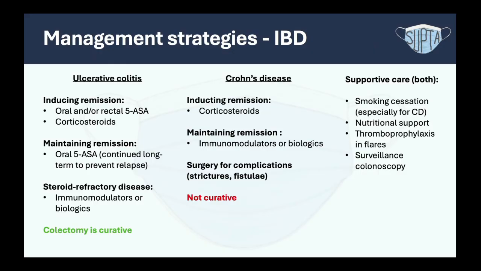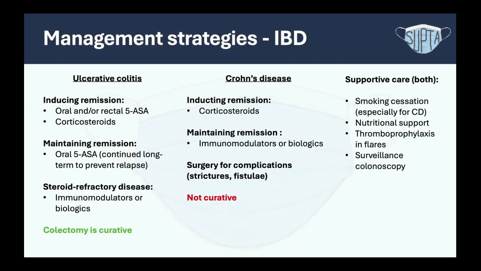On the other hand, Crohn's can affect any part of the GI tract, and patients often present with skip lesions, which are patchy areas of inflammation that are separated by segments of healthy tissue. And also, they may present with transmural inflammation, meaning the inflammation is affecting all layers of the bowel wall. Hence why the management is different compared to ulcerative colitis.